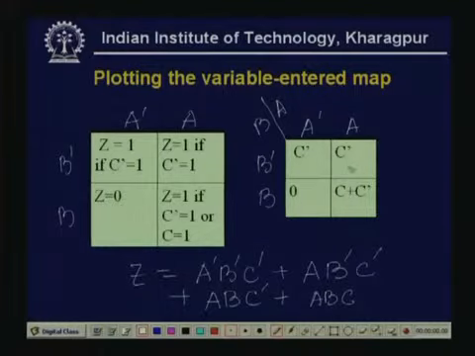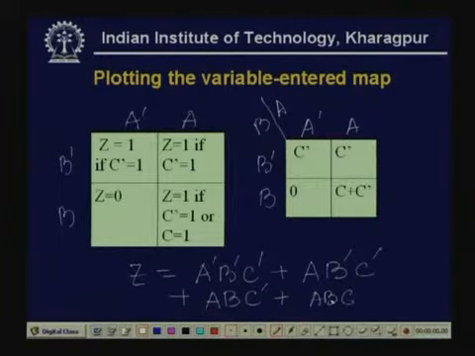See, actually there are 3 variables A, B, C. I have considered only A and B as the map variables, and C as if C or C complement or some combination of C, that means C or C dash. Just now we have seen, because both the terms exist, ABC dash or ABC.